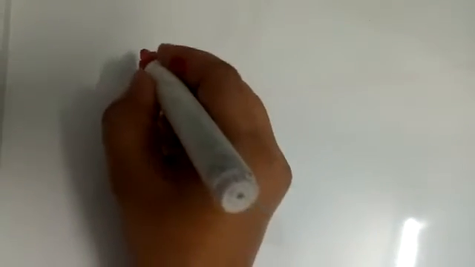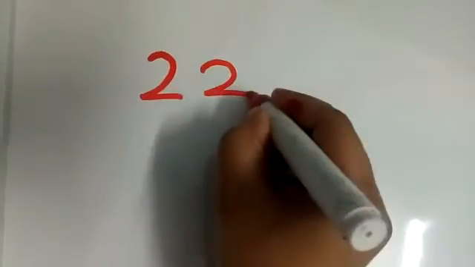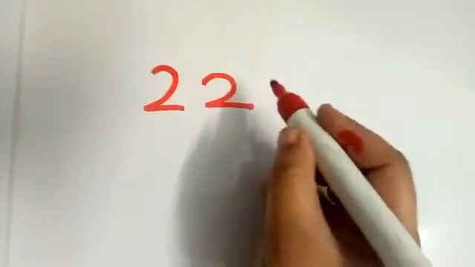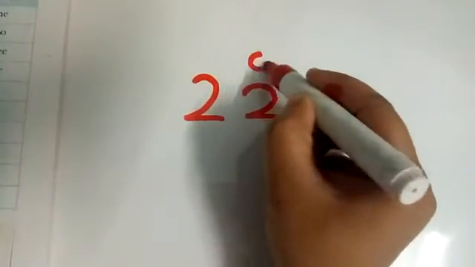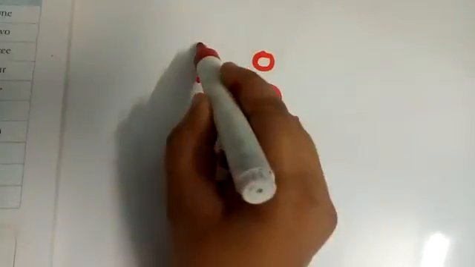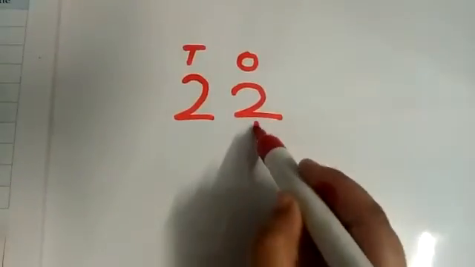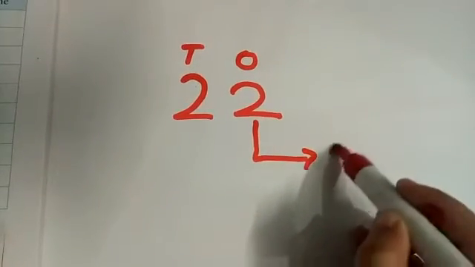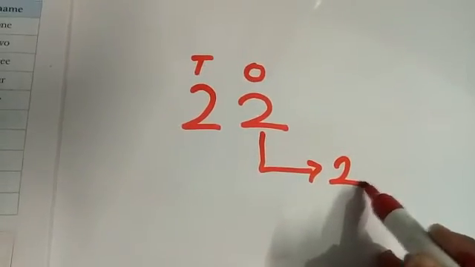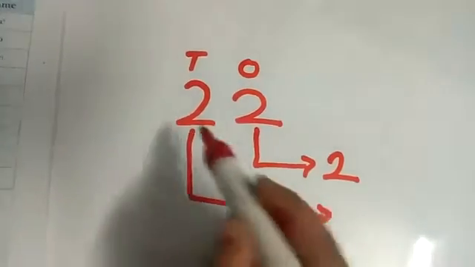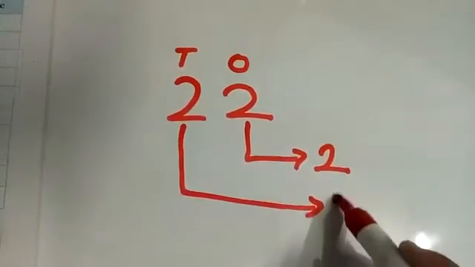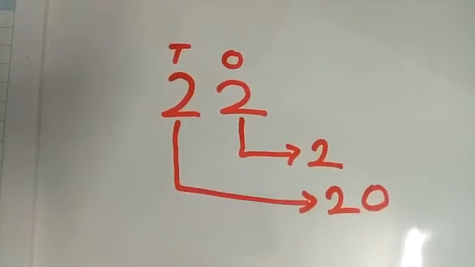Next number is 22. From the right side, the first number is ones and the second number is tens. So the place value of 2 is 2, and the place value of 2 which is on the tens place is 20.